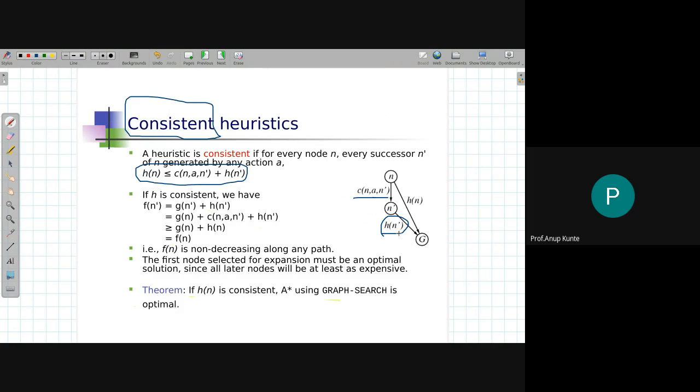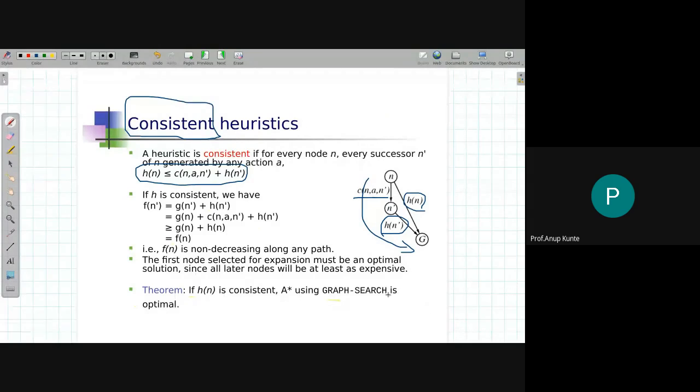So h n dash और c n n dash इन दोनों का addition जो है, ये हमेशा अगर ज्यादा है h n से, then I say that my heuristic is consistent. So what it means? It means that as I go closer to the goal node, I am getting better at my estimations, right?